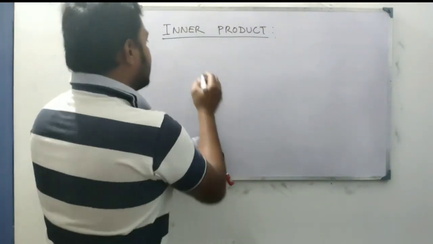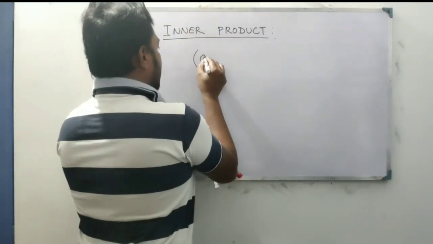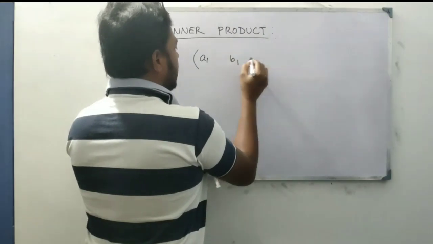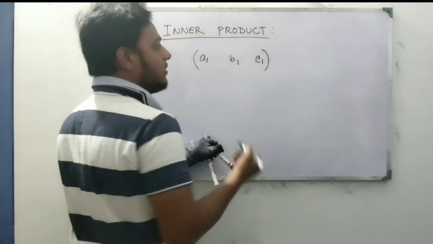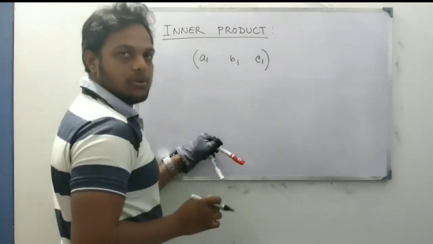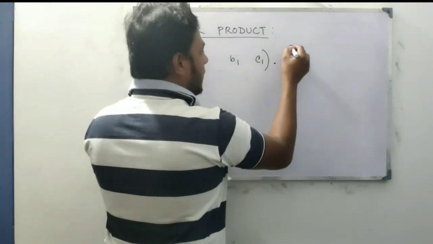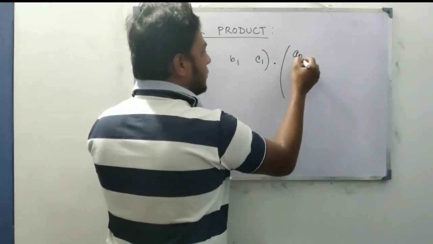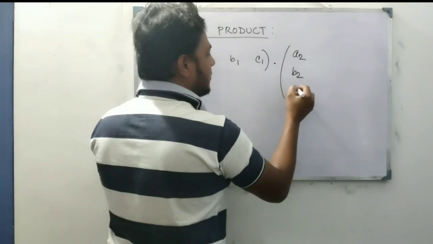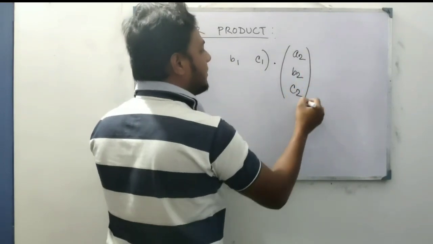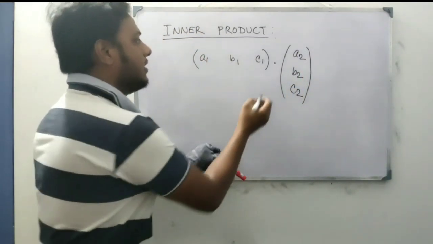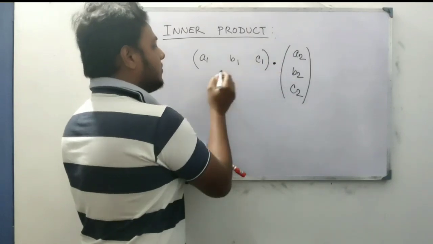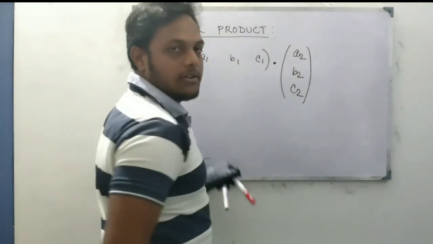Suppose I am considering a row matrix A1, B1, C1. Clearly this is a row matrix since only one row is there, and another, a column matrix A2, B2, C2. Here A1, B1, C1 and A2, B2, C2 are some numbers. So the first one is a row matrix, the second one is a column matrix.